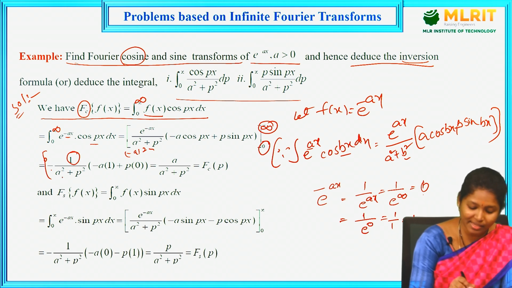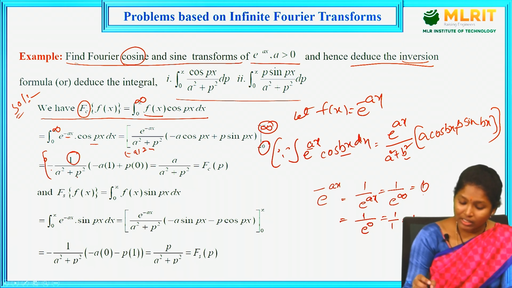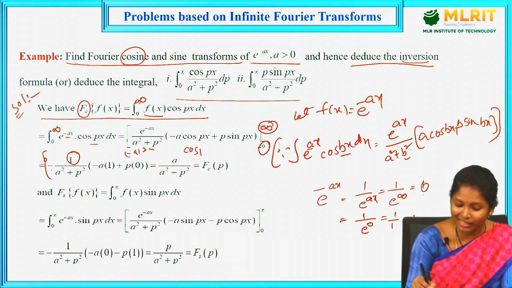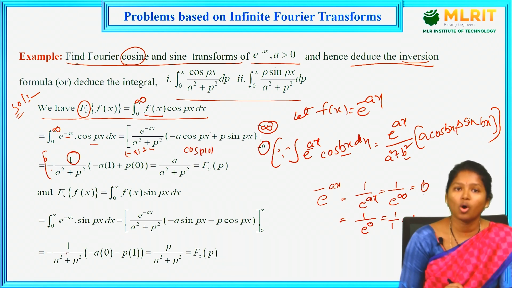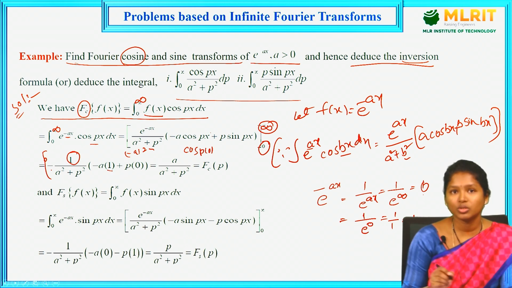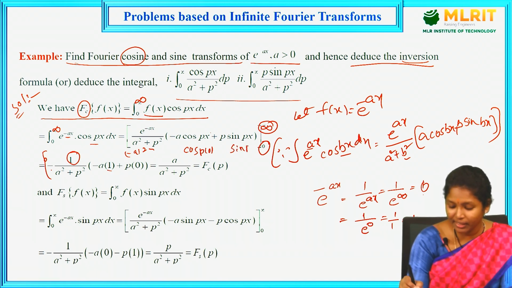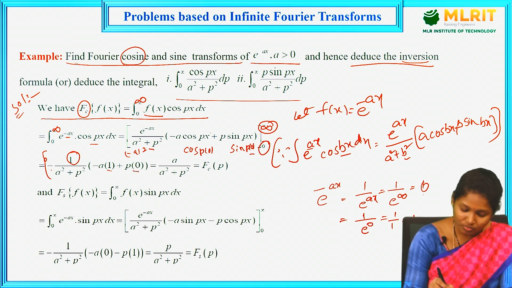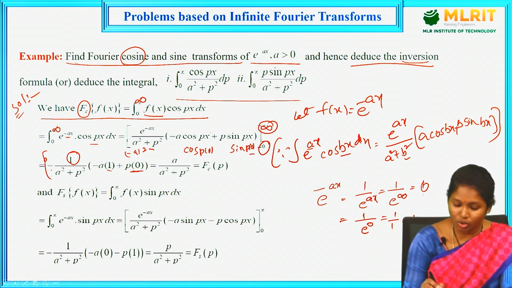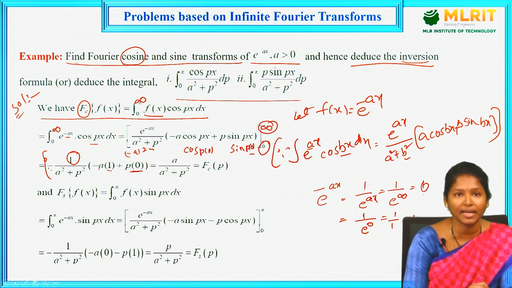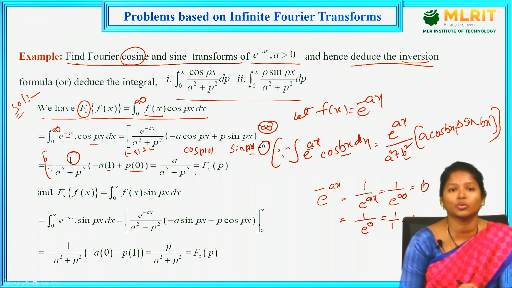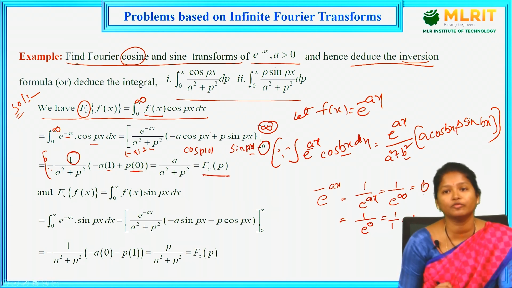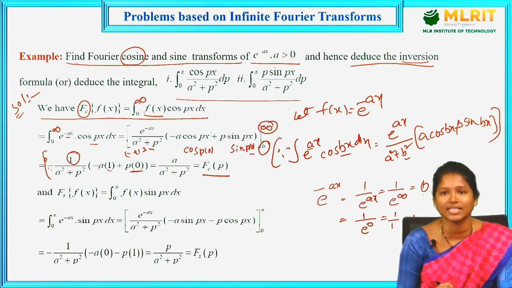Substituting 0, cos p into 0 means cos 0, and cos 0 is 1. Similarly sin p into 0 means sin 0, and sin 0 is 0. So minus into minus gives plus, and we get a by a square plus p square. This is Fc of p, the infinite Fourier cosine transform.